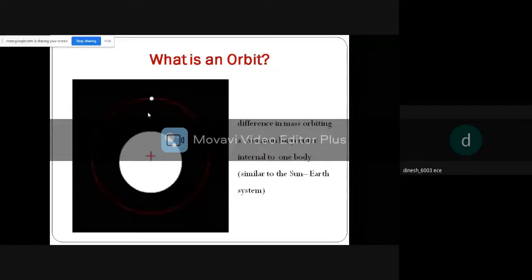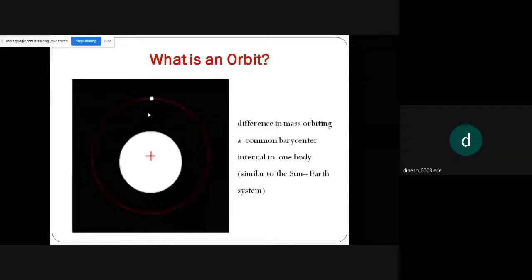So next, difference in mass orbiting a common barycenter internal to a single body.